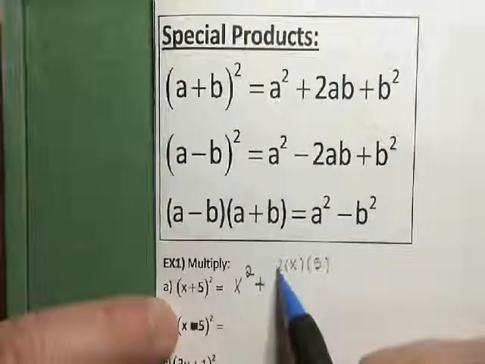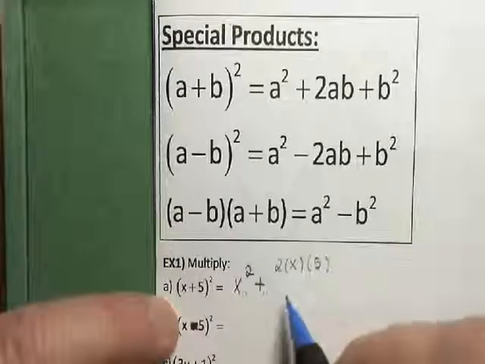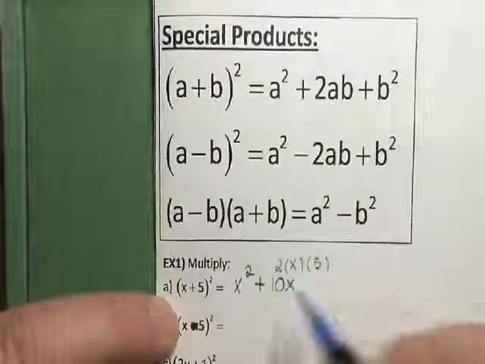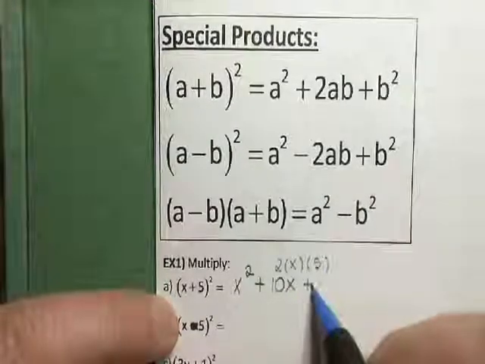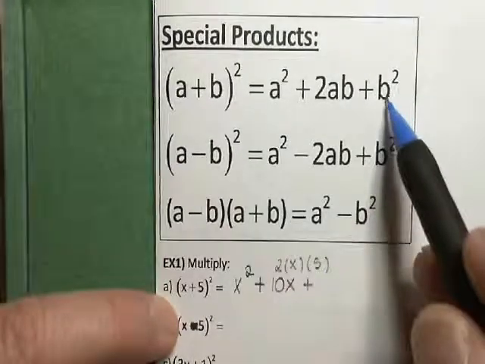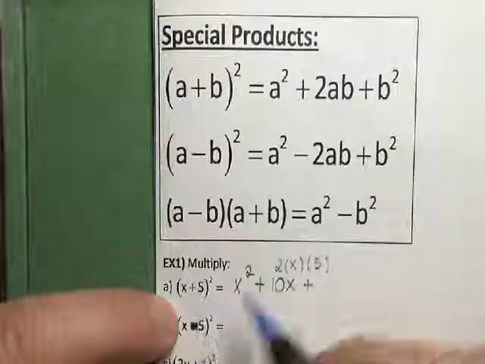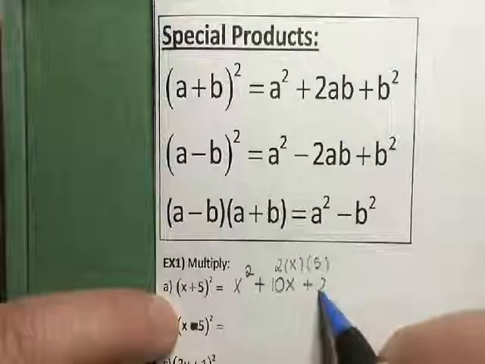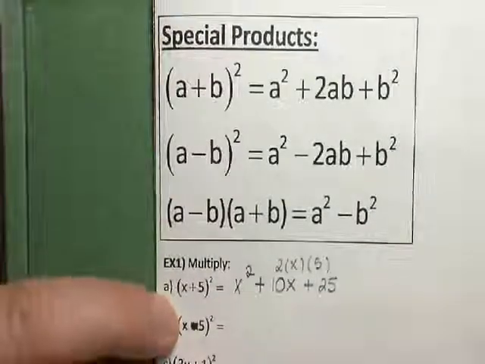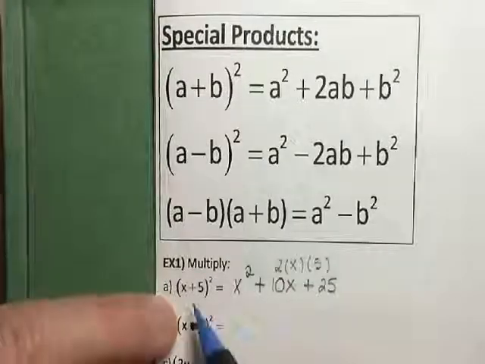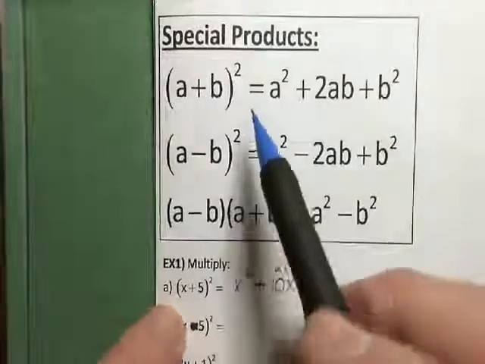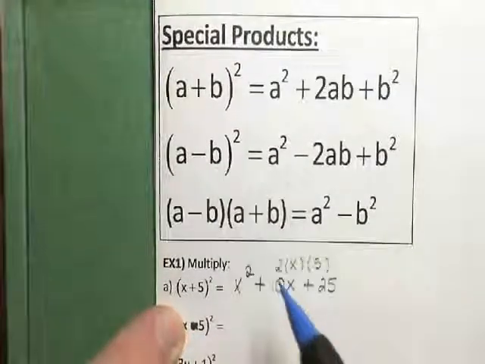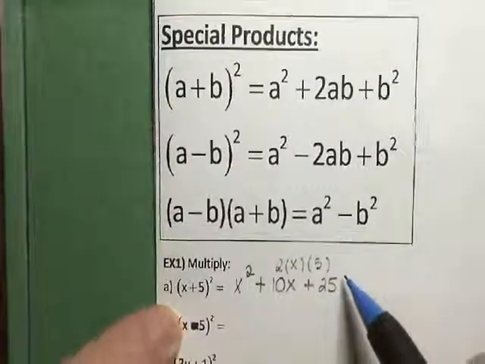If I do that in my head, 2 times x times 5 equals 10x. So that will give me my middle term. And then we'll do plus the second term squared. The second term would be 5 squared. 5 times 5 is 25. So instead of using FOIL to solve this problem like the lesson before, we can use this formula called the special products to get our answer much quicker.